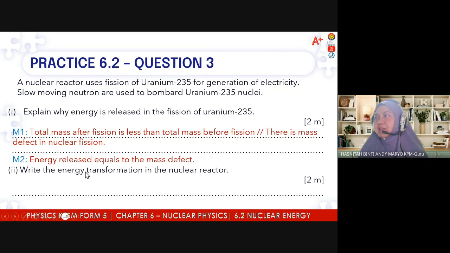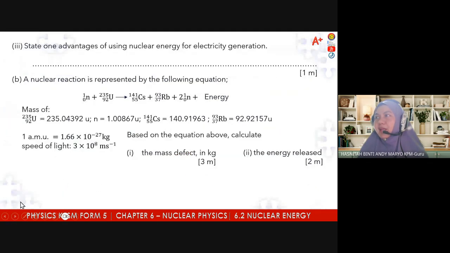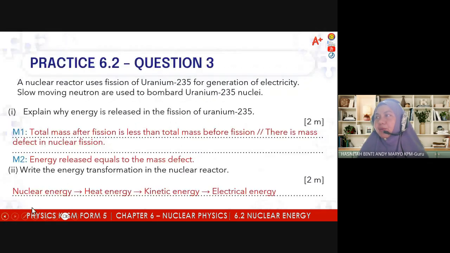First it begins with nuclear energy, produced inside the reactor from the nuclear fission of uranium. Second, the process produces a lot of heat, and this heat is used to drive the turbine. When the turbine is rotating, it involves kinetic energy, and kinetic energy finally converts to electrical energy.